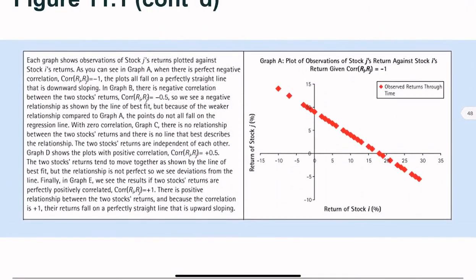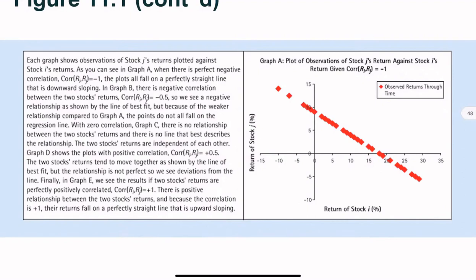Okay, let's get more intuition from these correlation values. We can observe what we can understand from using these different pictures. So let's say we have two stocks. You have stock I on the horizontal axis, and stock J on the vertical axis, and then we plot their returns.